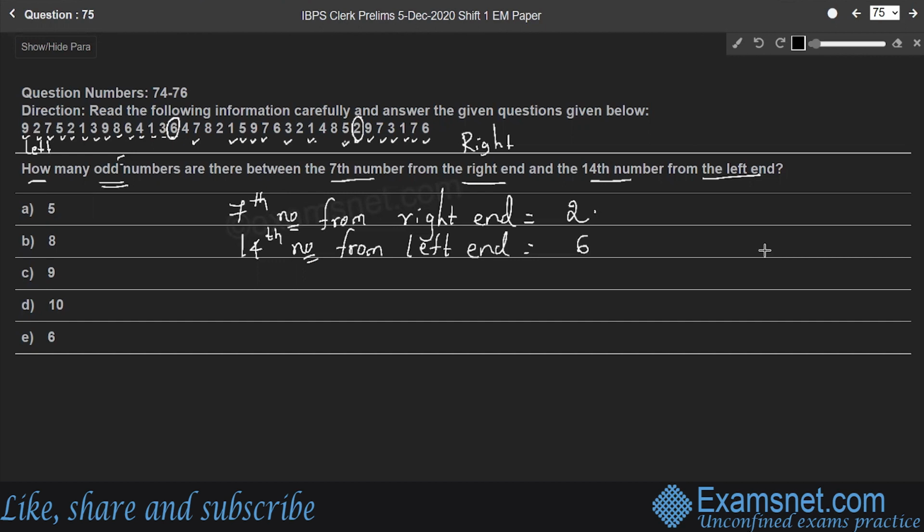Counting 1 to 8, there are 8 odd numbers between the 7th number from the right end and the 14th number from the left end. Option B is the right answer.